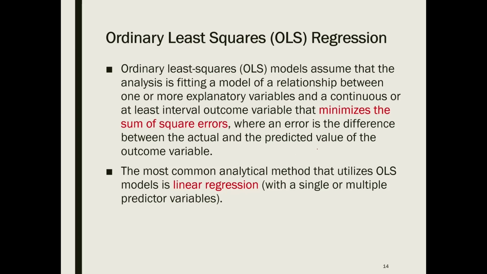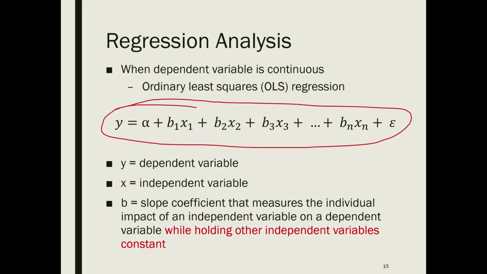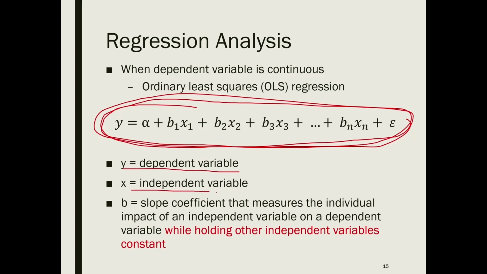Okay, so the most common one we will be using is the linear regression, and as you can see, this is very similar to the previous formula when we talked about the basic regression. What does a regression look like? Okay, so the y here is the dependent variable, the x is the independent variable. We have multiple independent variables, right?